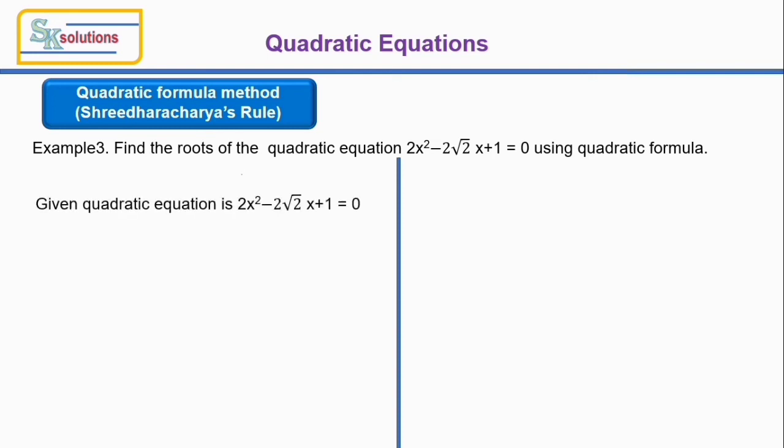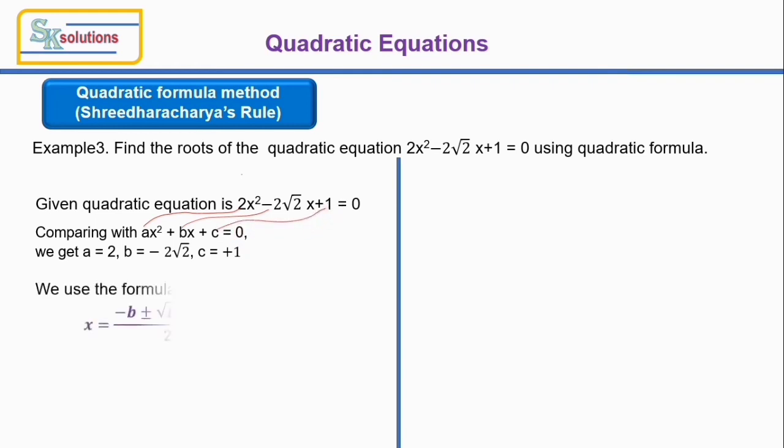The equation is in the standard form, so you can straight away compare with ax square plus bx plus c equal to 0. What is the value of a? a is 2 here and b is equal to negative 2 root 2 and c is equal to 1.